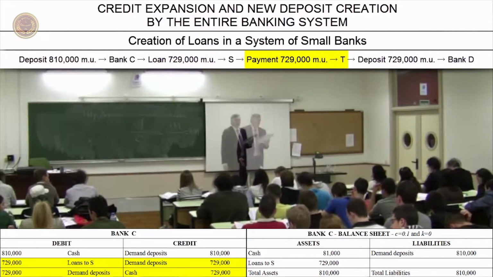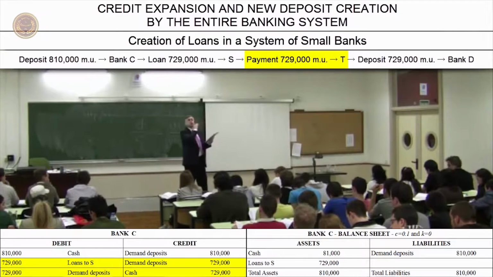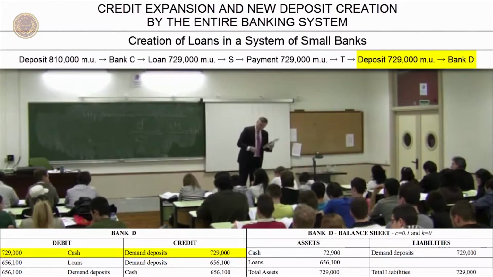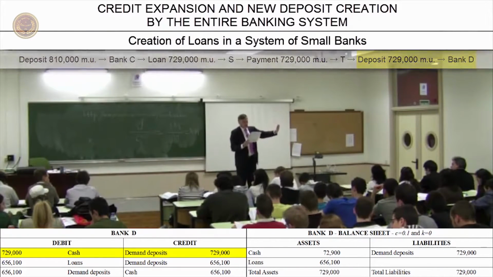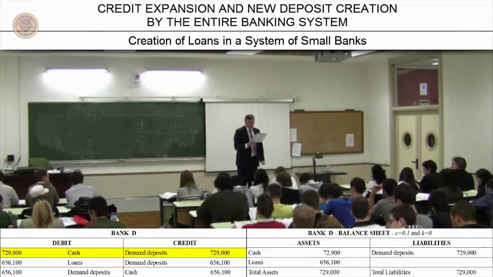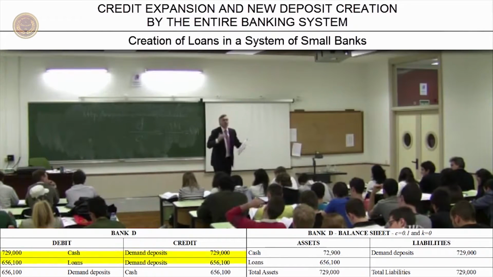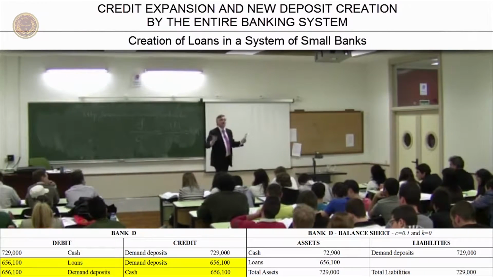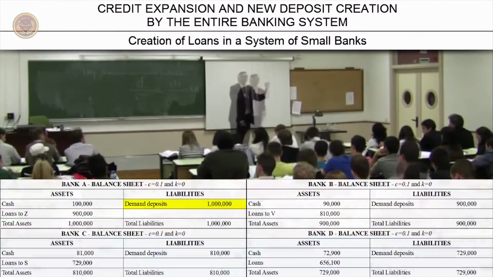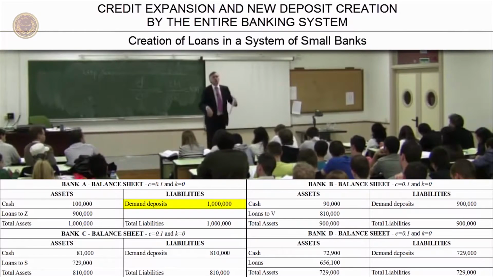And the 729,000 ends up in the pocket of another person, Ms. T, who deposits it in her bank, a different bank, Bank D, which receives 729,000, keeps 10% in the vault, 72,900, and lends the rest, 656,100, and so on.